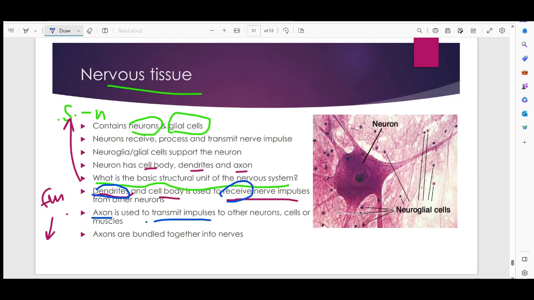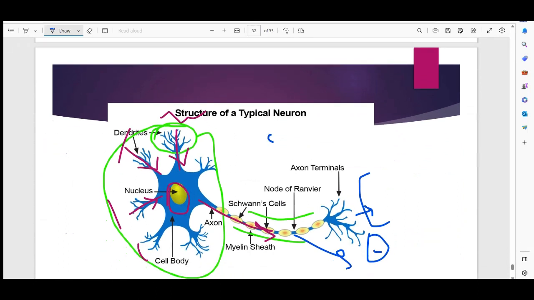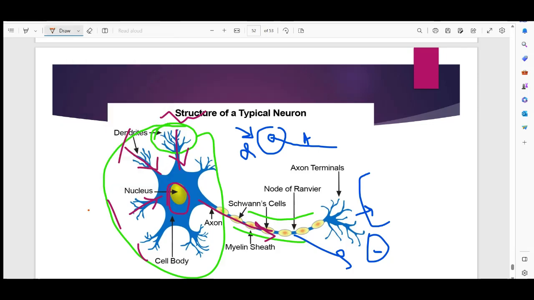Teacher, can you repeat that? Okay. Again? When we take a neuron, this is the cell body, the receiving end is the dendrite, and through the cell body the processed information is passed through the axon. Depending on the location or the situation, this axon can lead to different things.